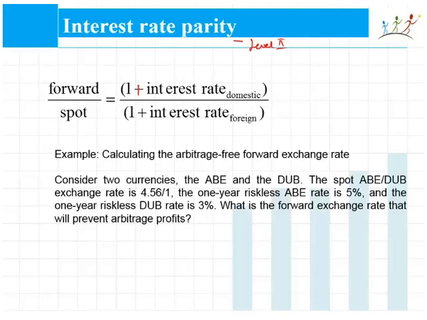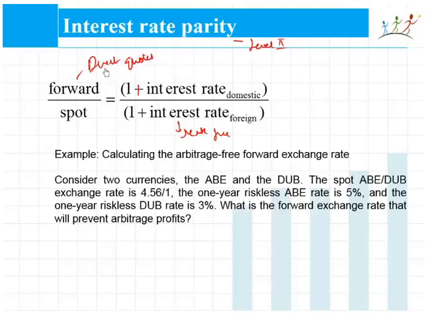Just note that the forward rate, that is the rate today for an exchange 1 year in the future, will be given as the spot rate into 1 plus the domestic rate of interest upon 1 plus the foreign risk-free rate of interest, where both forward and spot are in direct quotes.